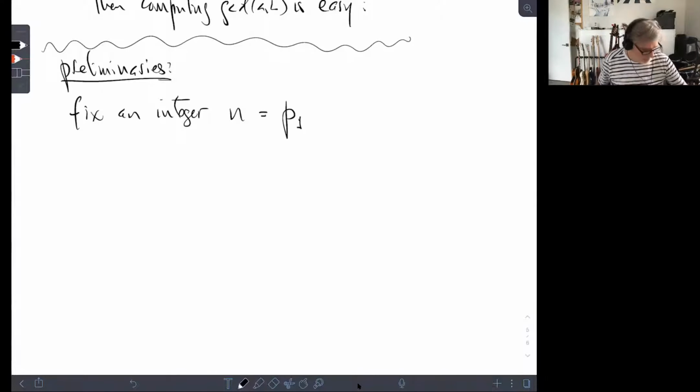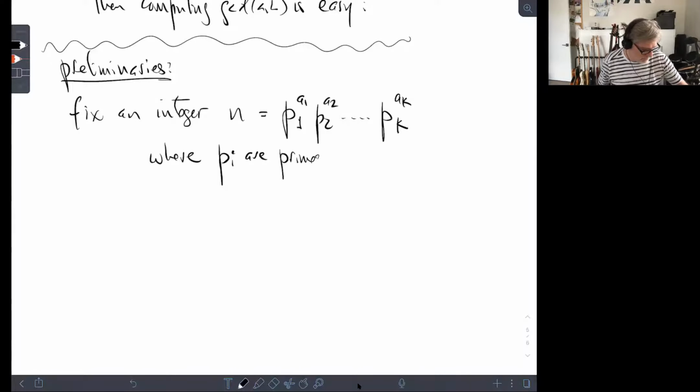So let's say this is P1 to the A1, P2 to the A2, right up to Pk to the Ak, where the Pi are prime and the exponents are all at least 1, okay?